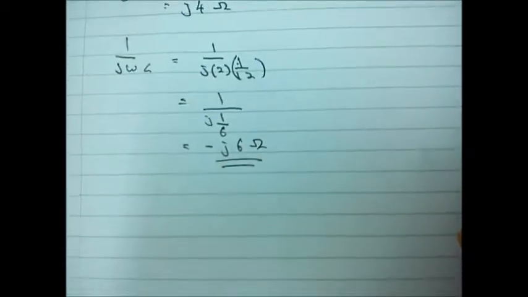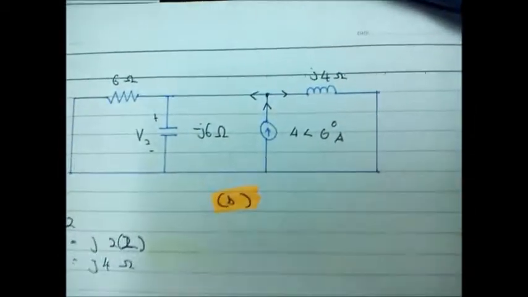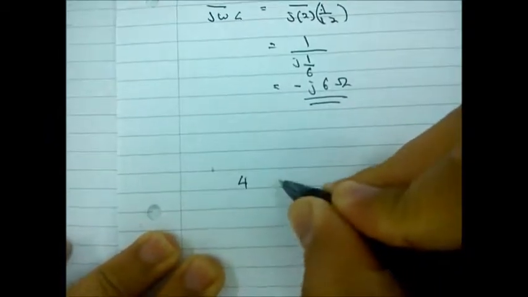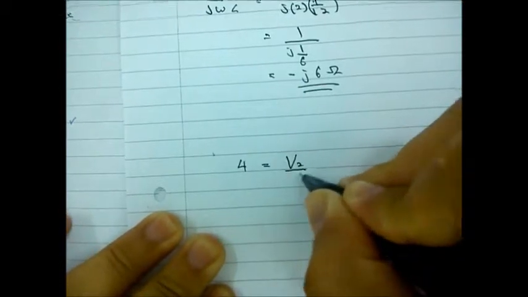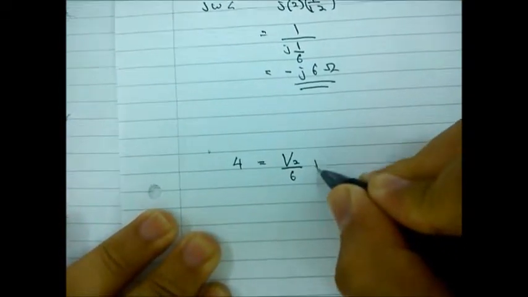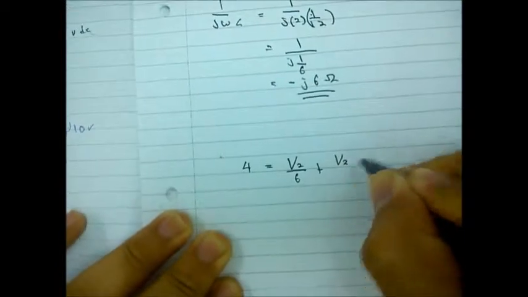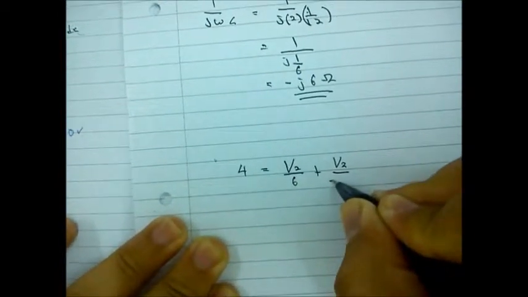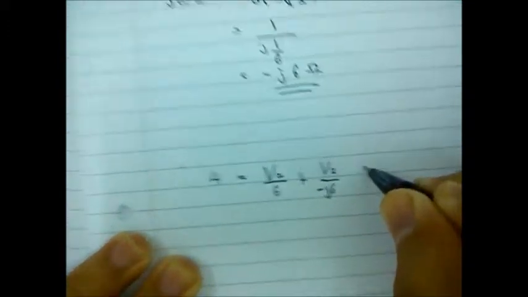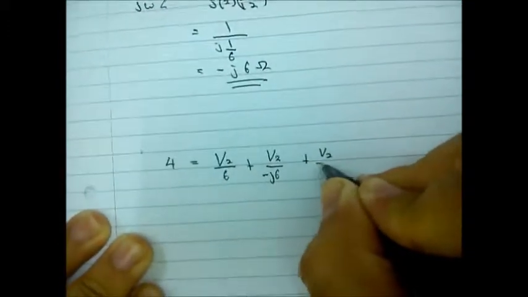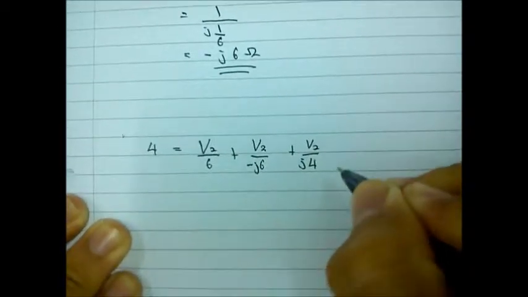By applying nodal analysis, you will get 4 equal to V2 over 6 plus V2 over negative j6 plus V2 over j4.